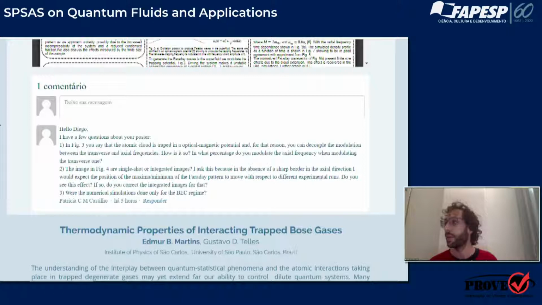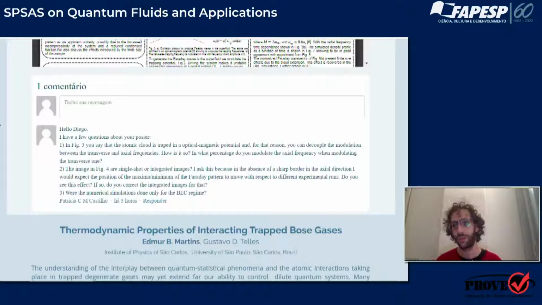So in practice, the magnetic curvature is one order of magnitude higher than the optical dipole frequency along the axial direction, while in the radial confinement, the optical dipole trap is at least 2 orders of magnitude bigger than the radial confinement of the magnetic curvature.